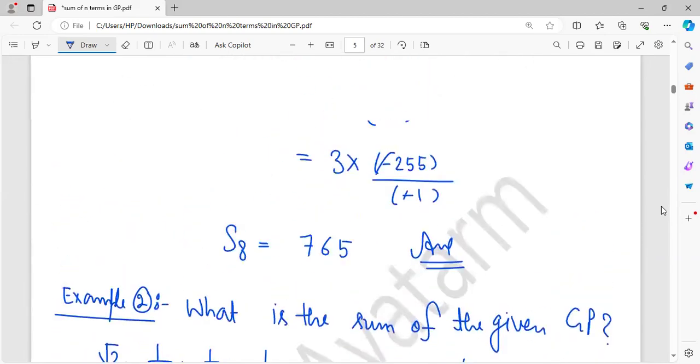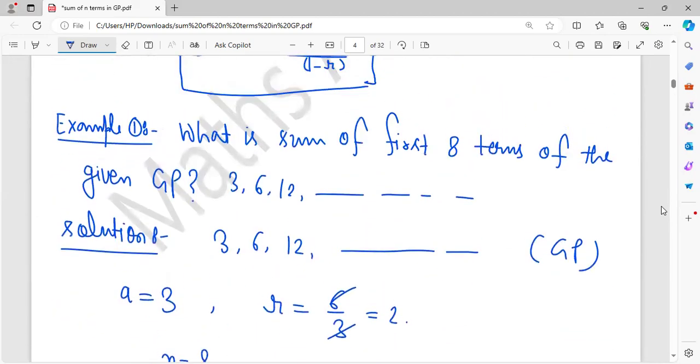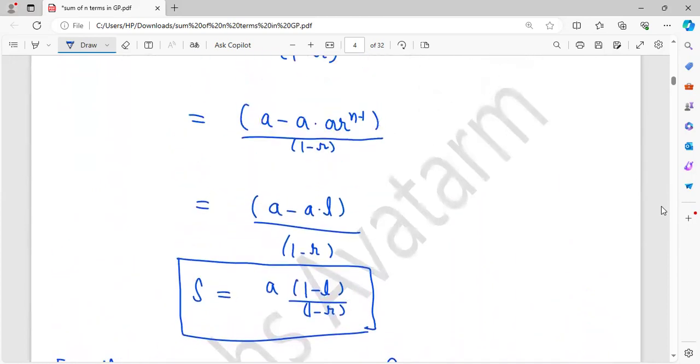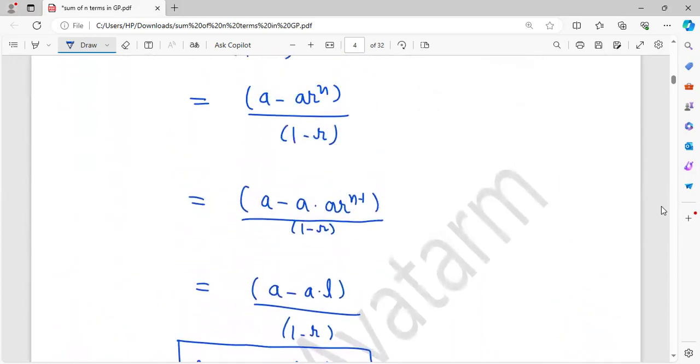One minute. I have made a mistake in calculating the formula. Let's correct it. If you see here, let me correct this.